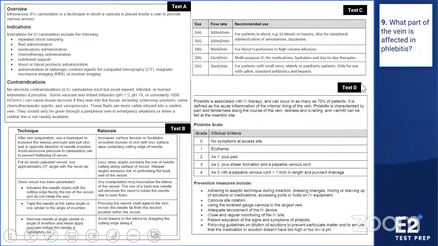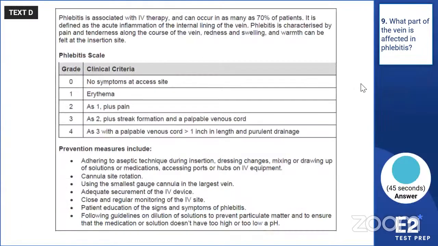What part of the vein is affected in phlebitis? Wow, here at E2, lots of people have got the right answers so quickly. I feel like I want to move on. Brilliant. Well done, guys. Yes.